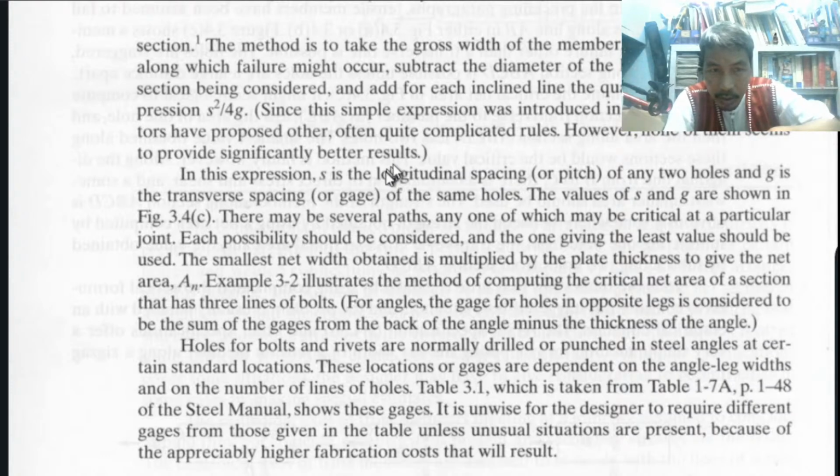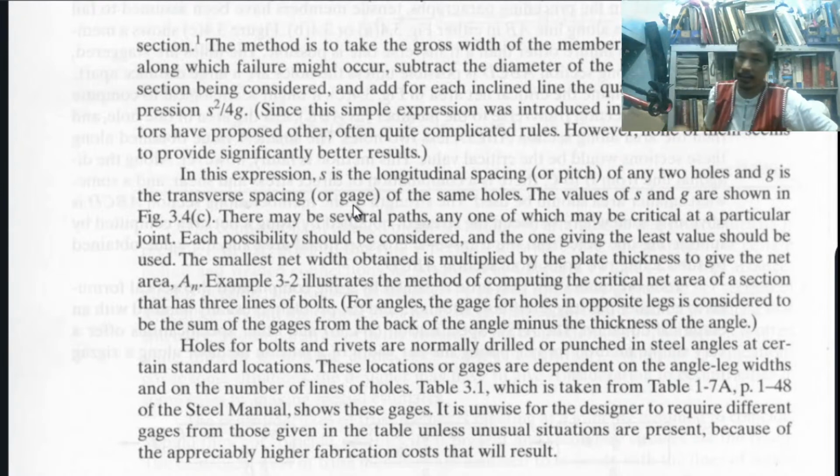Longitudinal or transverse? S is longitudinal spacing. G is transverse spacing, or gauge. Remember, gauge is represented by G, and that is transverse.